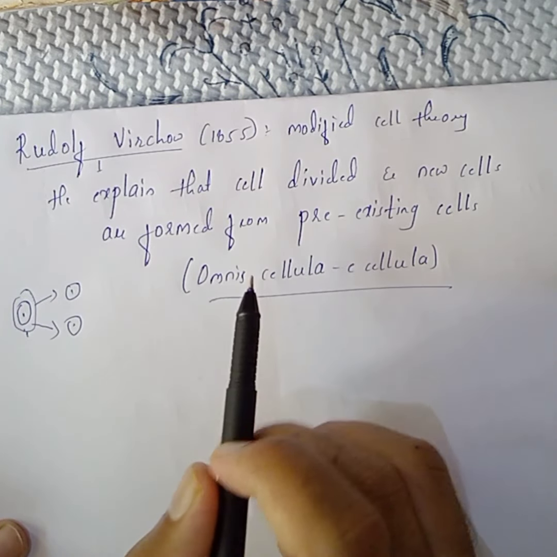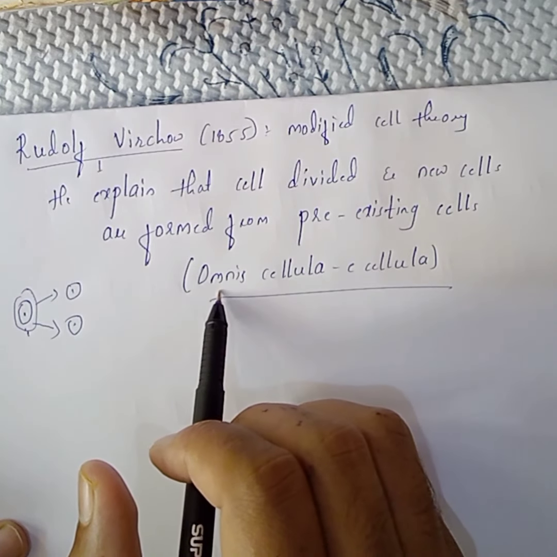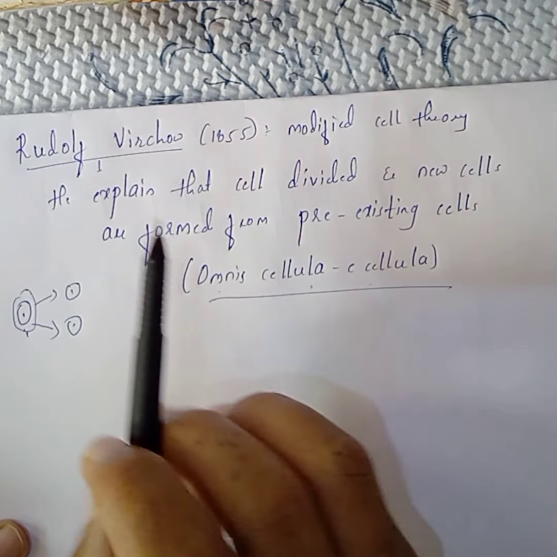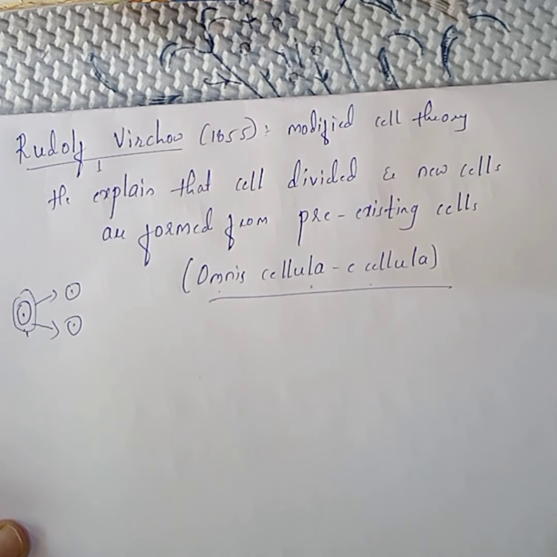This concept we conclude as "omnis cellula e cellula", given by Rudolf Virchow in 1855. And then the cell theory was concluded fully.